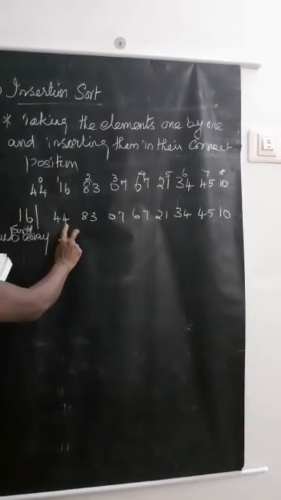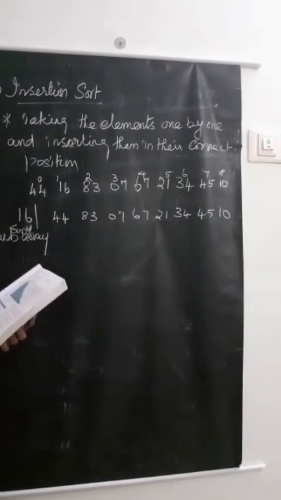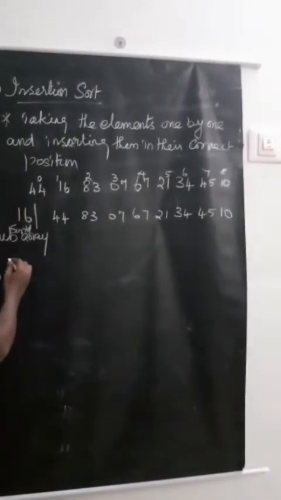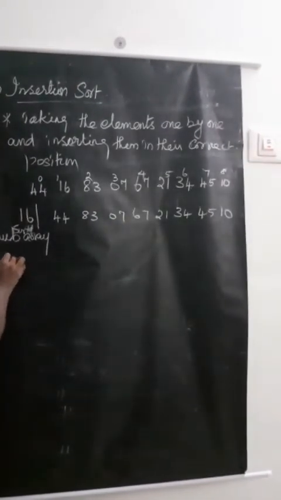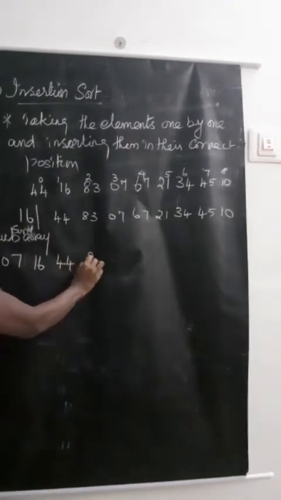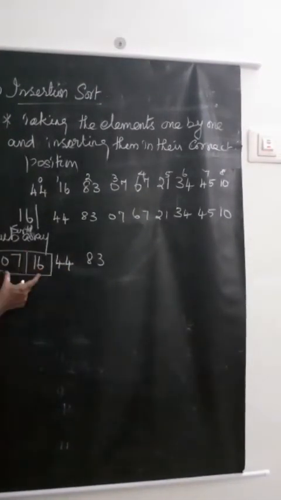Next, 44 is compared with 07. Okay, 07 is smaller. So again, 07, 16, 44, 83. Here these elements form the subarray.